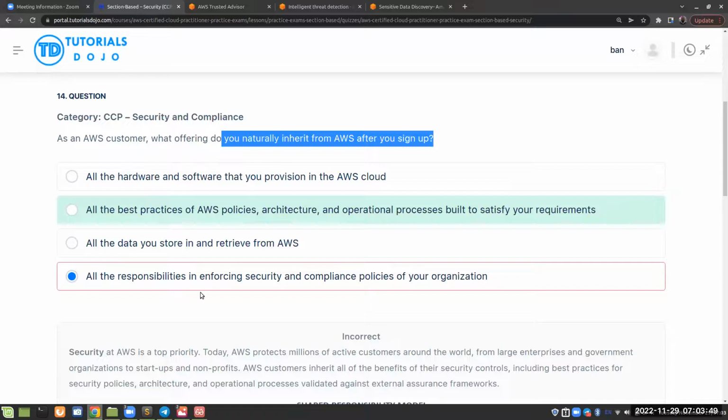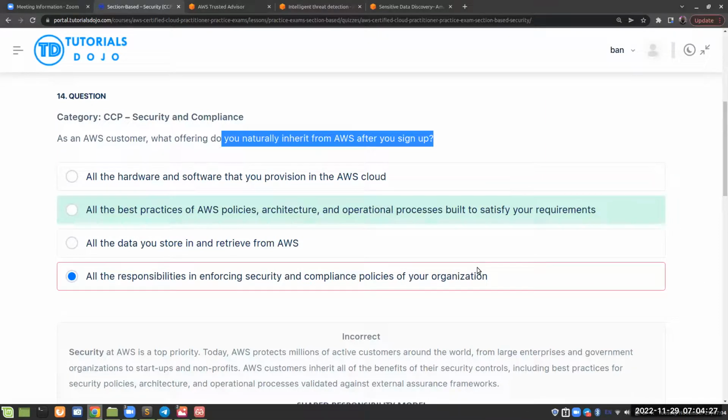This one: all the responsibilities in enforcing security and compliance policies of your organization. So when you sign up for AWS, you still have to enforce them, because every organization has different ways in which they want to comply with AWS and enforce security. For you to comply with that, you have to follow your organization's, maybe it could be their manual, right?